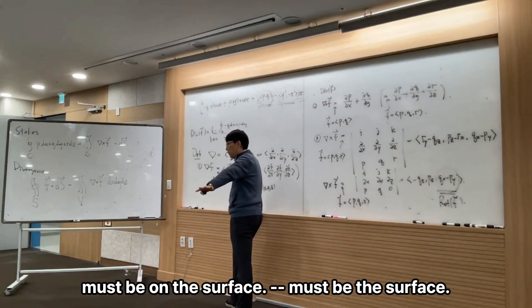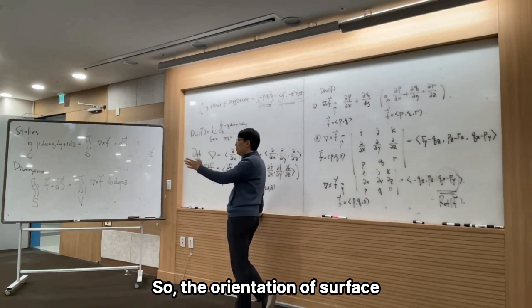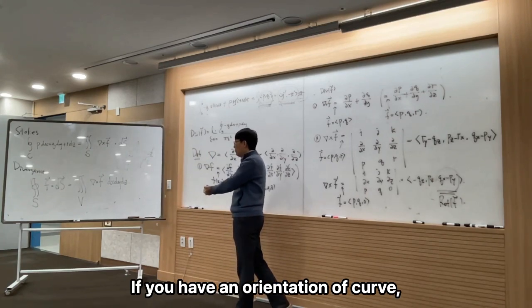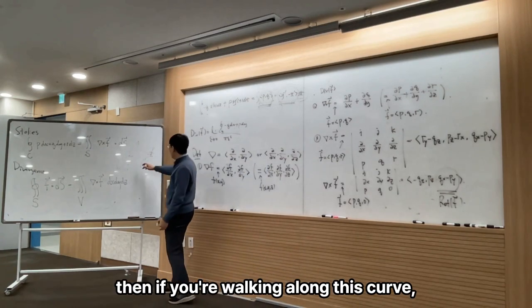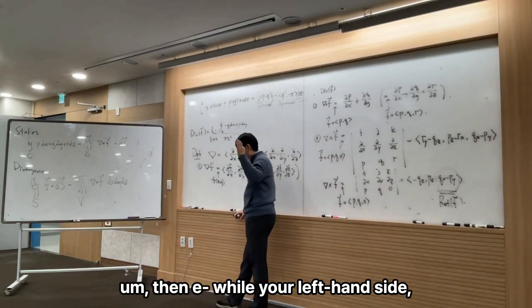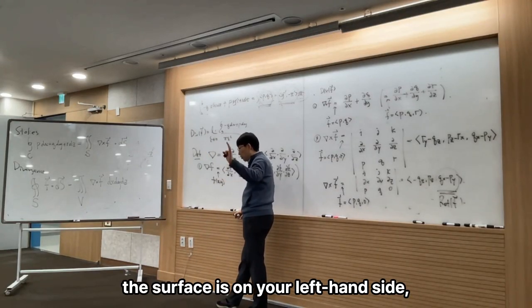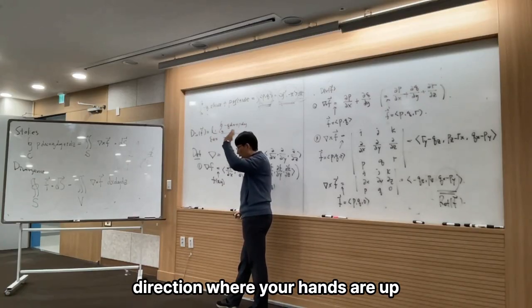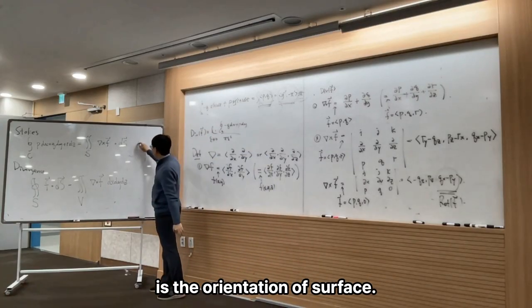So the orientation of the surface gives the orientation of the curve, and vice versa. If you have an orientation of the curve, and you walk along it with the surface on your left-hand side, then the direction where your head is up is the orientation of the surface.